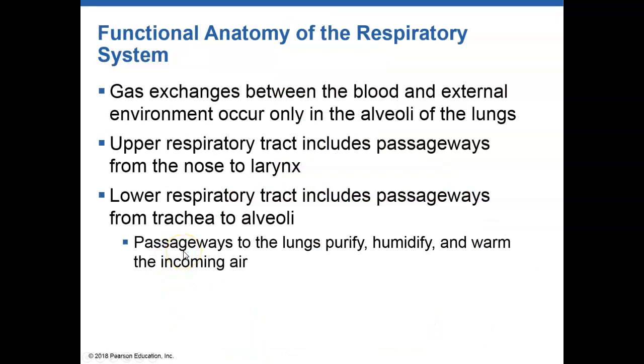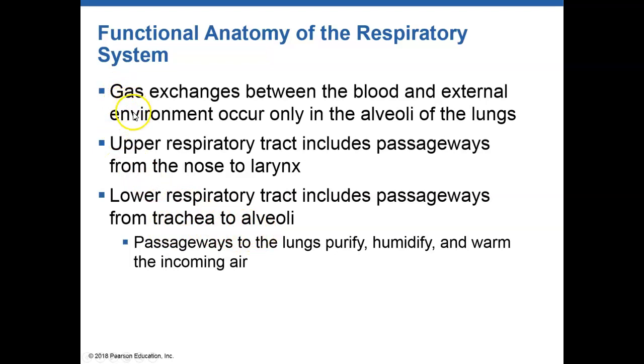We can look at the respiratory system as an upper and a lower respiratory tract. The upper respiratory tract includes from the nasal cavity all the way to the larynx. The lower respiratory tract then moves from the trachea all the way to the alveoli.